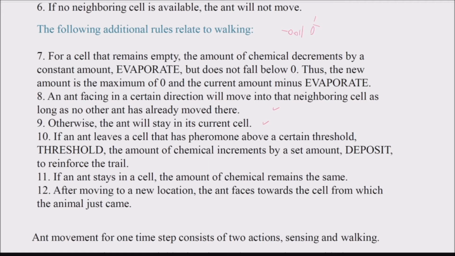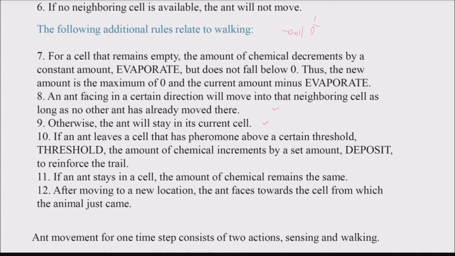If an ant leaves a cell that has pheromone above a certain threshold, right? So we consider something called a threshold, which is a range actually, then the amount of chemical increases by the set amount.